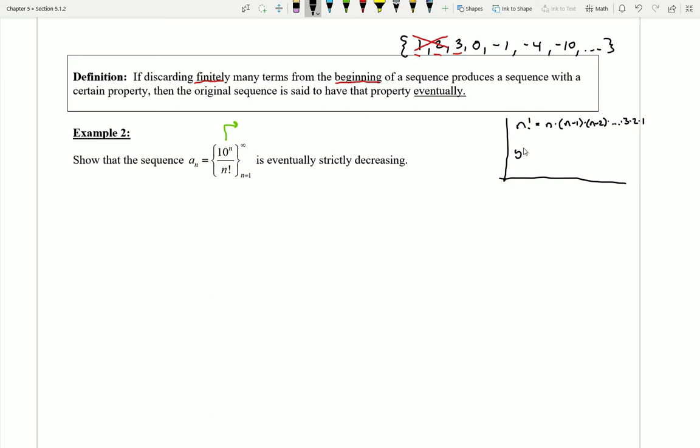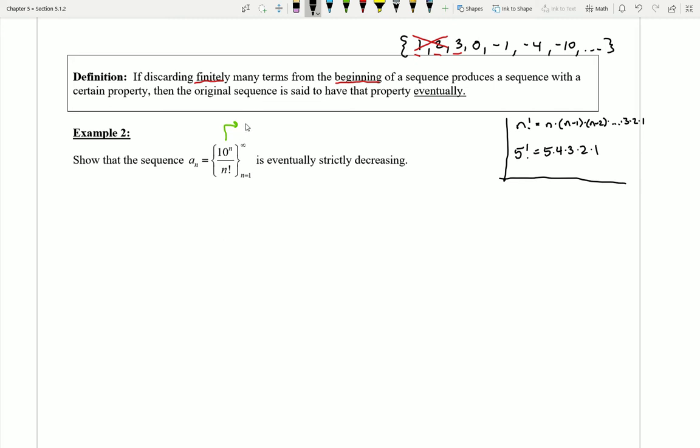So for example, something like 5 factorial would be written as 5 times 4 times 3 times 2 times 1. Right? I start at the number 5, and then I go down by 1 every time until I hit 1, and then I stop. So if I do 1 factorial, that's pretty boring. That's just going to be the number 1.